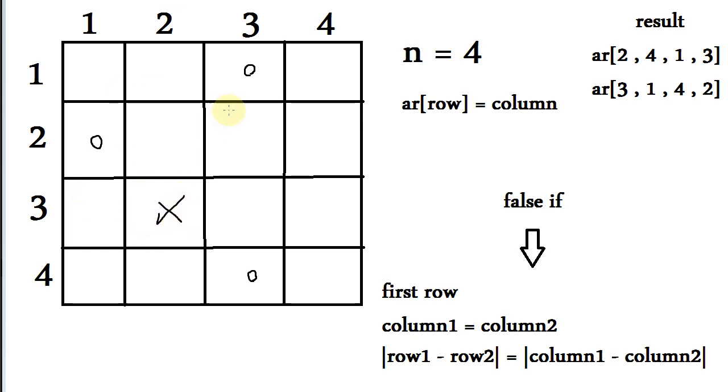It goes to this place, checks from above, no problem here, but problem here, it is diagonal, so no. The third column, again it checks from here, same column, cannot put it here, and the fourth column it can.